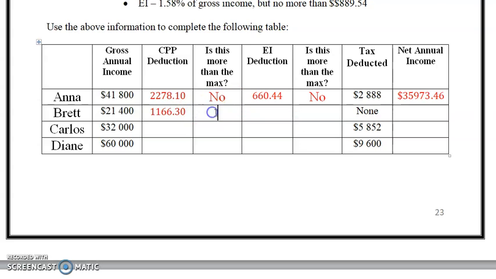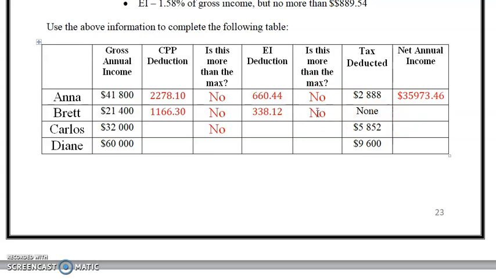So obviously this one didn't hit the threshold. These aren't going to hit the threshold either, right? 60,000 we don't know. We'll have to calculate that. And 21,400 multiplied by the 0.0158 EI deduction amount, $338.12.